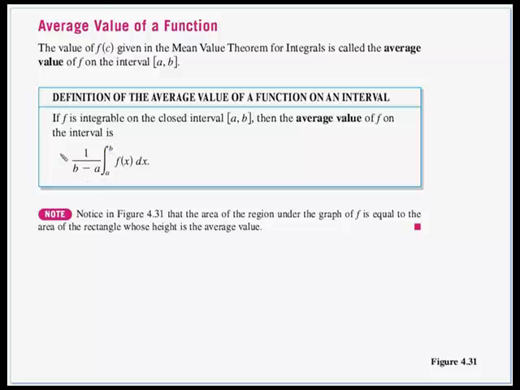What's different here is the fraction in front of the integral sign, 1 over b minus a. That's just a fraction, 1 over upper limit b minus lower limit a. That gives us the average value of the function.